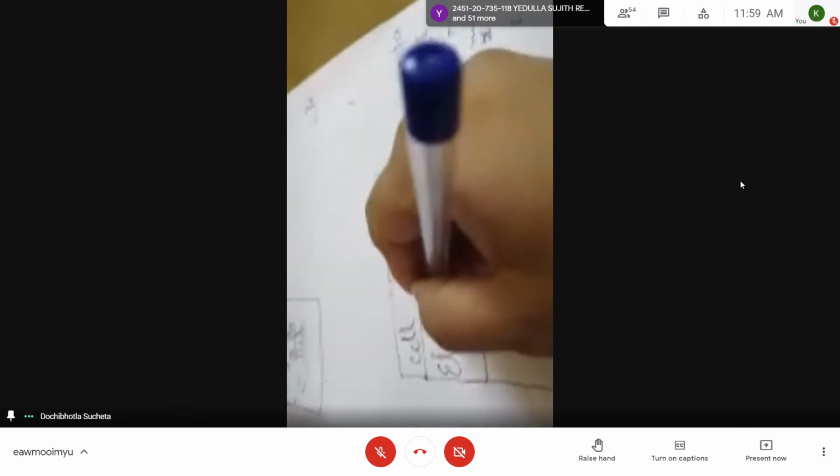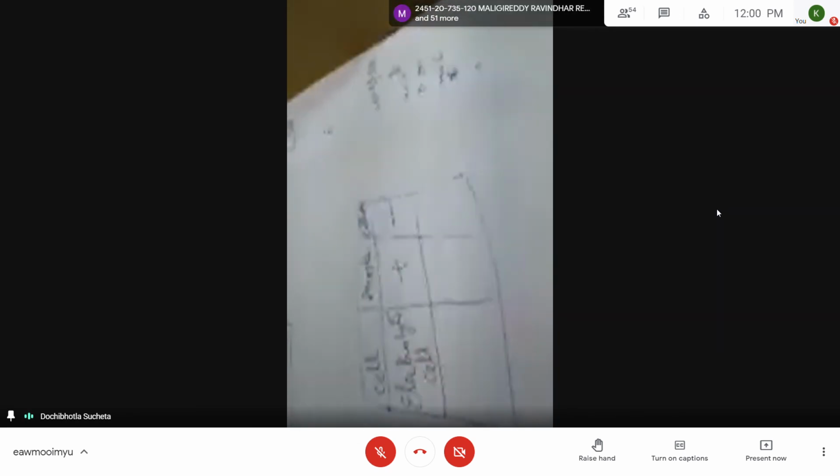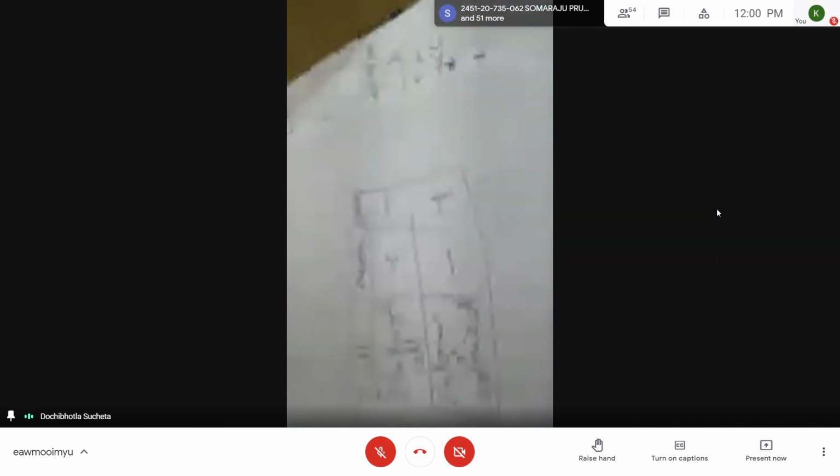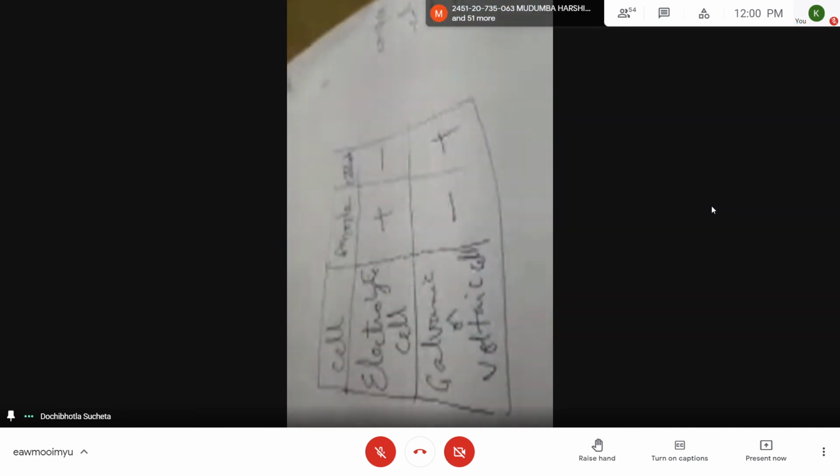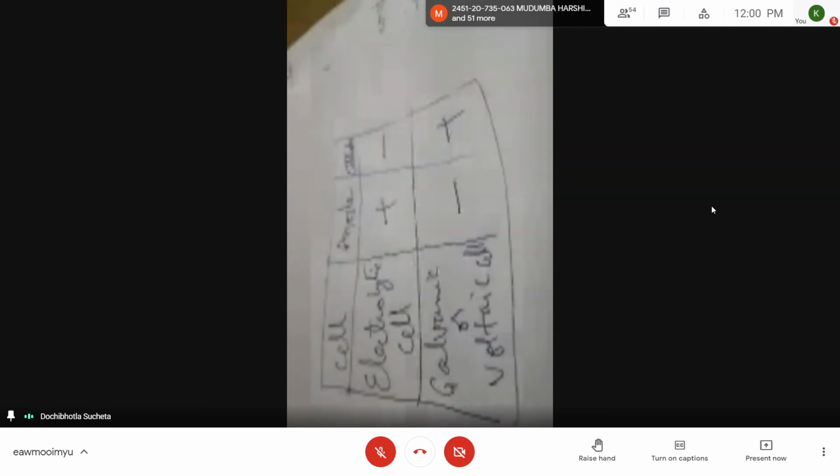Then in an electrolytic cell, anode is positive, cathode is negative. Whereas in a galvanic or voltaic cell, anode is negative, cathode is positive. That's it. But what is constant here?